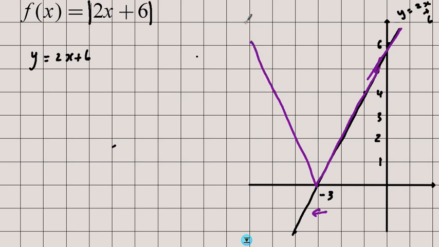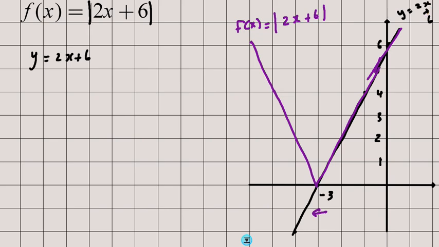So this would be f of x is equal to the absolute value of 2x plus 6. Again, the characteristic V shape is apparent. The vertex is at x equals -3. However, the line does seem steeper on both sides because the steepness of 2x plus 6 is 2.